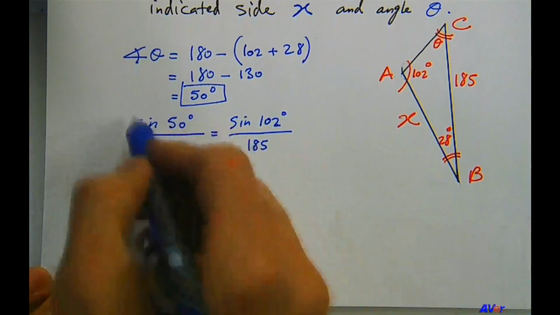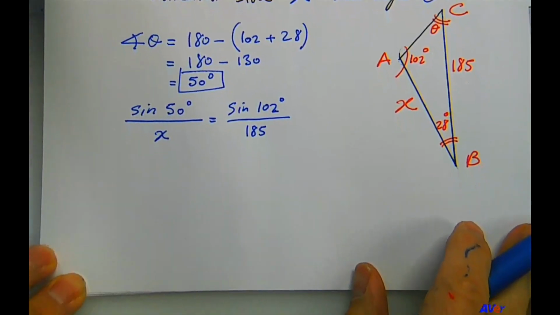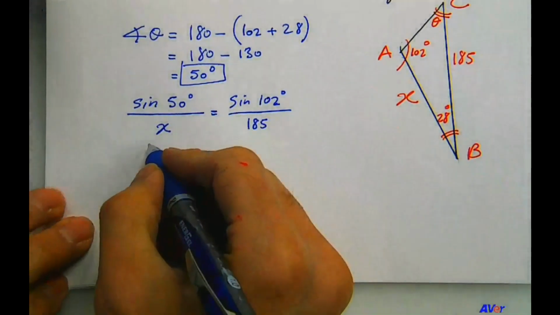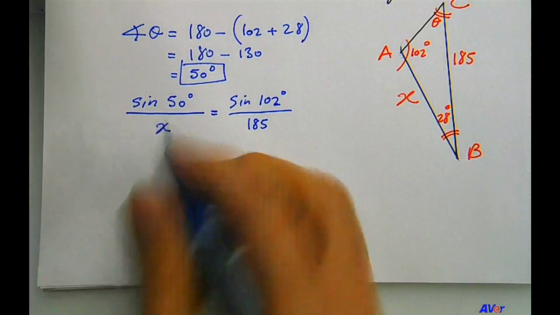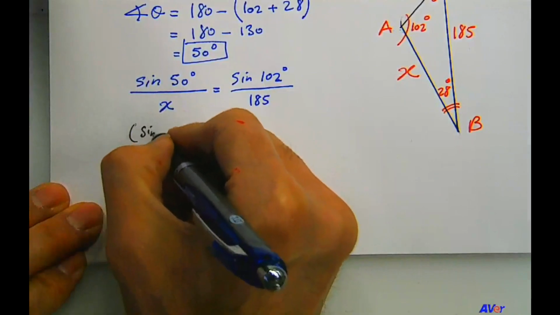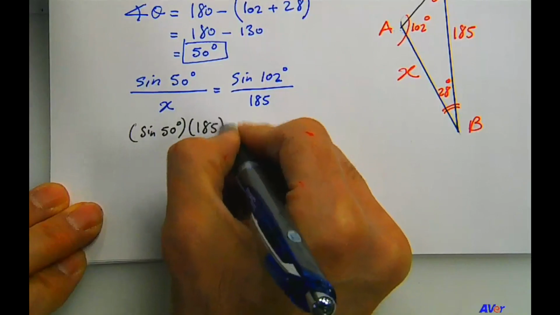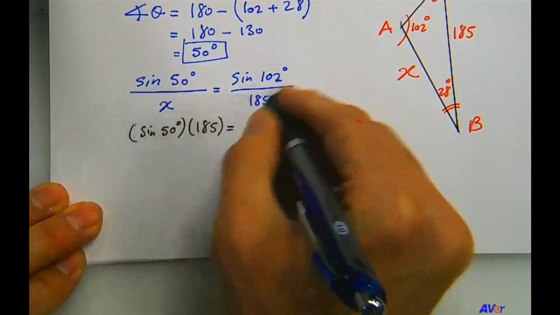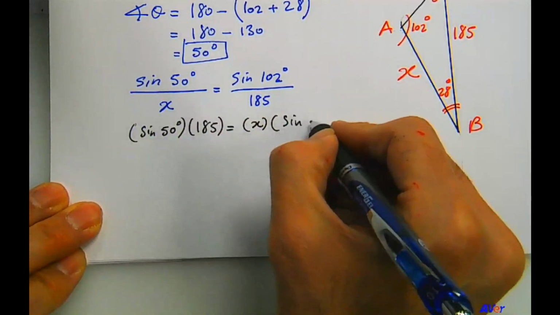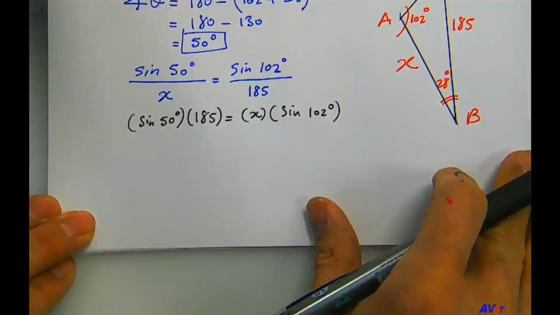Okay, so we can cross multiply, and the rest from this point forward is just basic algebra, right? So we can cross multiply. So we have sine of 50 degrees times 185 equals x times sine of 102 degrees, right?